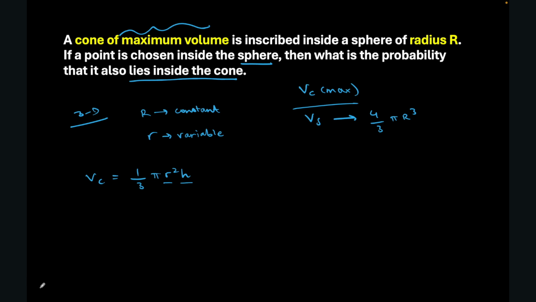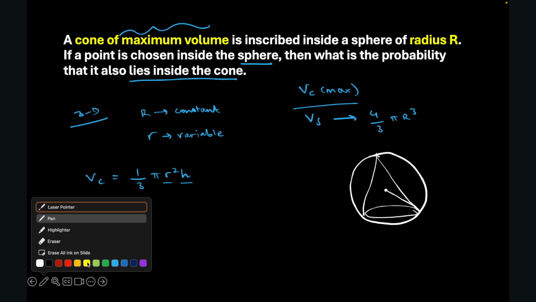Okay, so let me change the color. Let's take white to draw the sphere here. Okay, so we have a sphere, this. And let's draw a cone, the base of the cone. Let's just take it, for example, let's maximize so it's touching it. Okay, so this is the center of the sphere. Let me make it yellow.